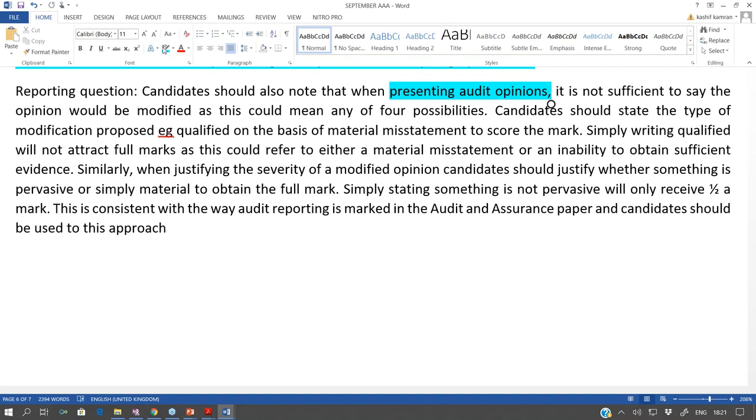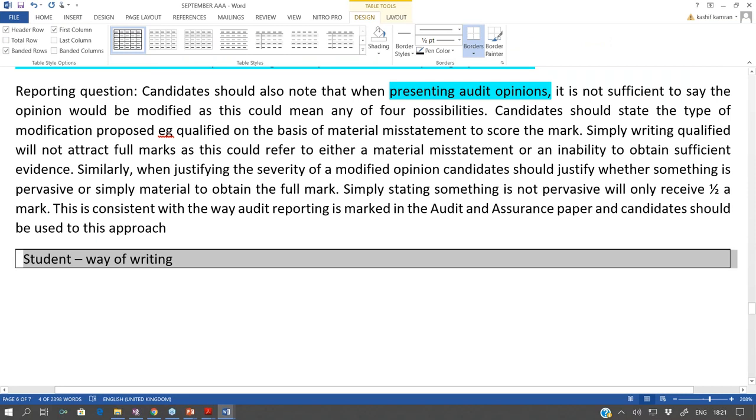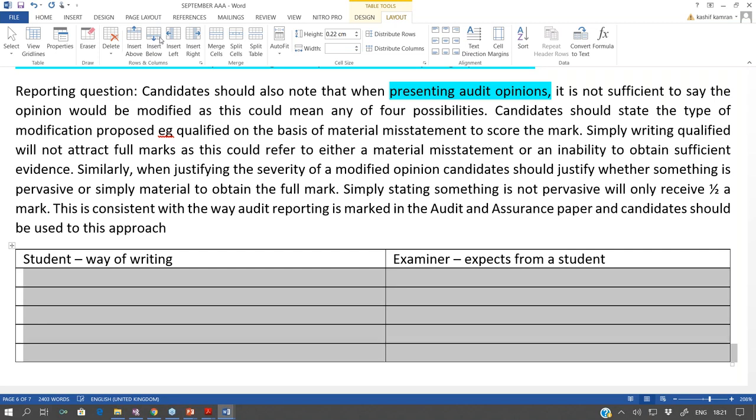So if you go to the exam and write something like this, for example, the student way of writing, the examiner is saying this is not the good way. Rather, this is the student way of writing and this is what the examiner expects from a student. Let's do a good analysis so that you know exactly how you can improve yourself.